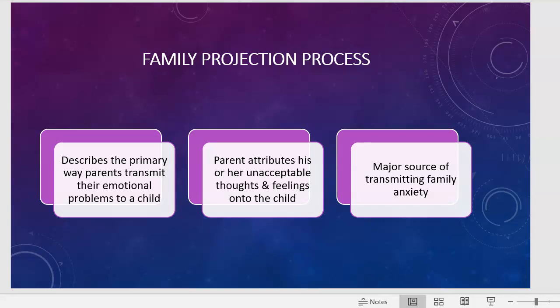So this plays itself out where the child is identified as the problem, and the child may be scapegoated within the family system as the one who is causing problems, the one who needs to be fixed, when in actuality, the problems are located in another part of the family system, namely within the adults, who are projecting their difficulties onto the child or the children.